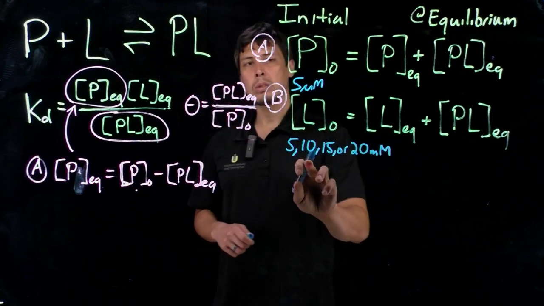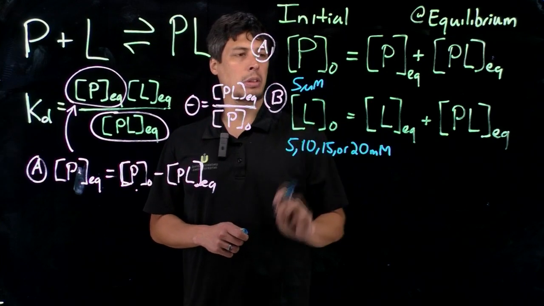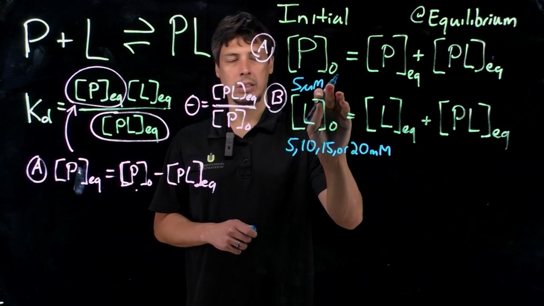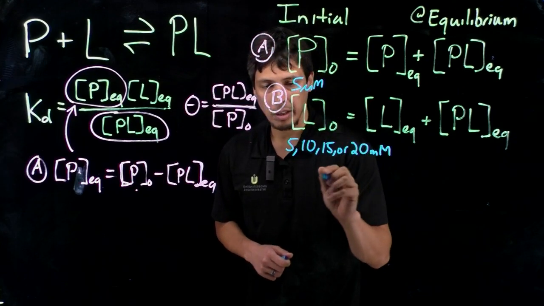So these are all 1,000 times higher in concentration than the protein concentration. What we have here is a limit that allows us to make an assumption.